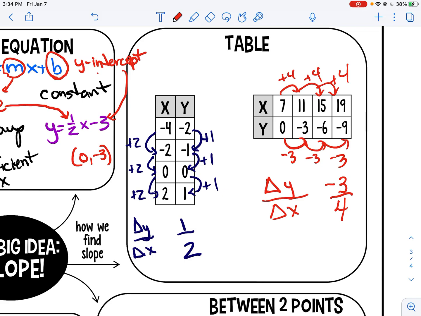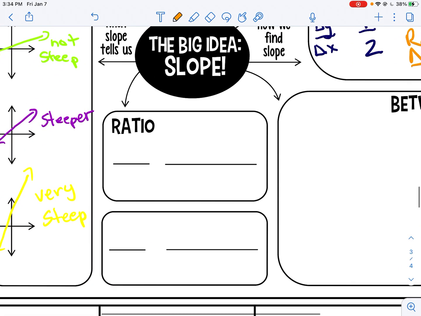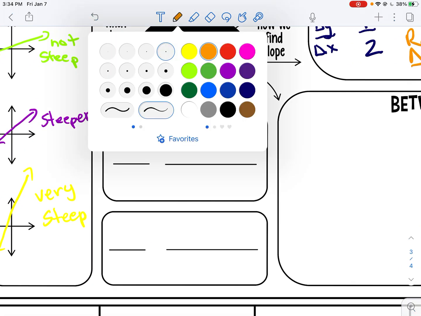Remember, I'm going to write that in a different color. Remember, y always goes on top. And I should say the change in y always goes on top. Okay? So I guess I should have talked about this one first.